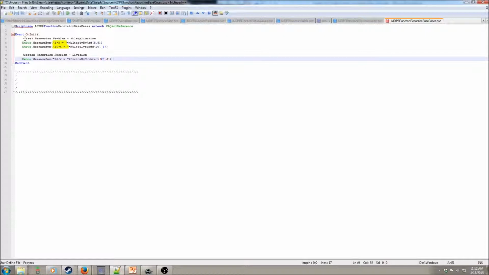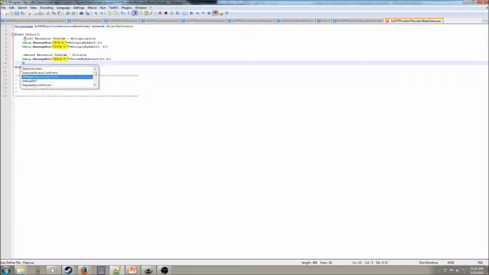And we're going to have 20 and 4 there. And let's do a simple one just to illustrate base cases. Divide by subtract 5 and 5.